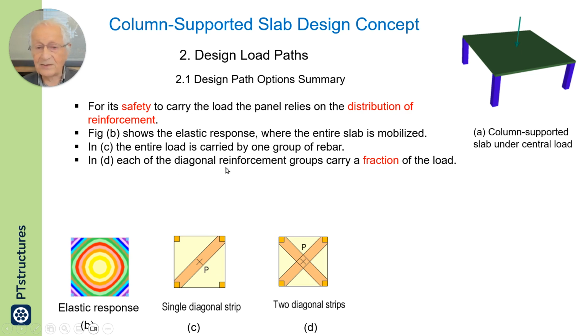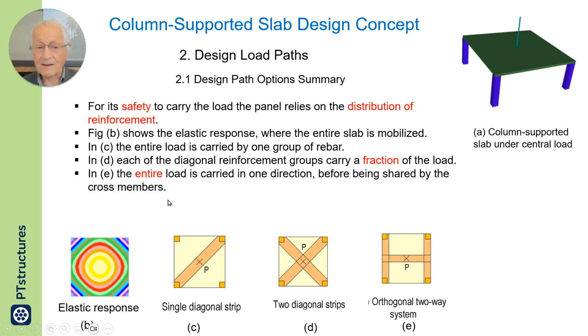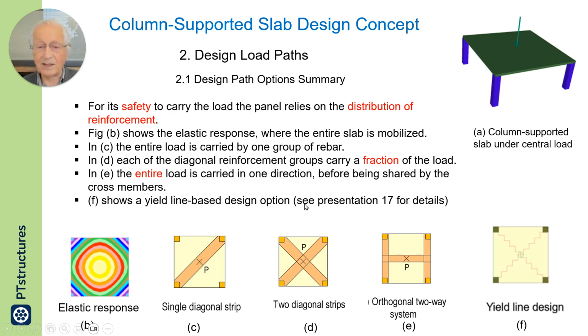In D, the diagonal reinforcement groups share the load. In E, the entire is carried in one direction before it is passed on to the other direction. D is a different concept. It is the failure by a yield line analysis.